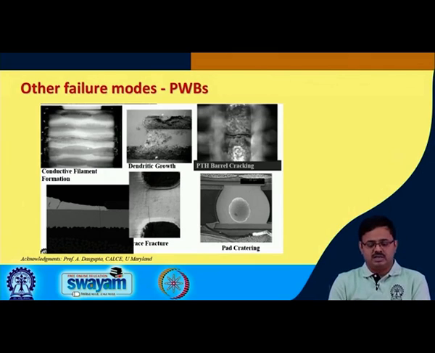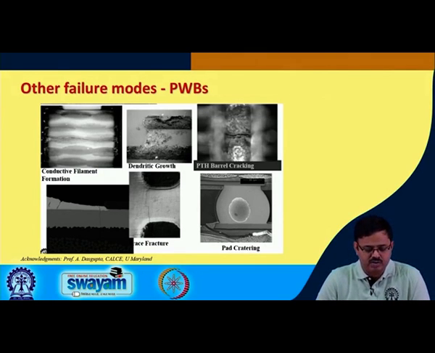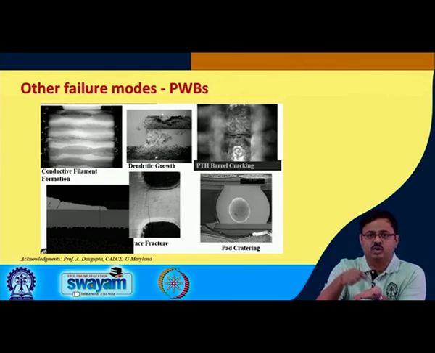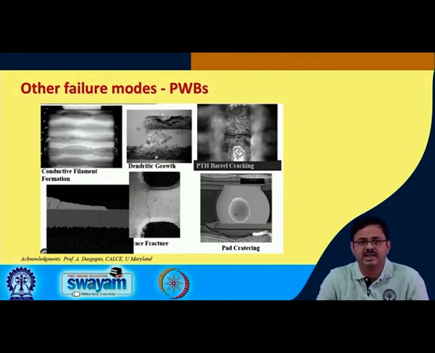In PWBs, printed wiring boards, dendritic growth we talked about, plated through hole barrel cracking. Okay, that barrel, there may be a crack. Remember that in the through hole, we did an inside plating, either electroplating or electroless plating. That barrel can crack. Okay.